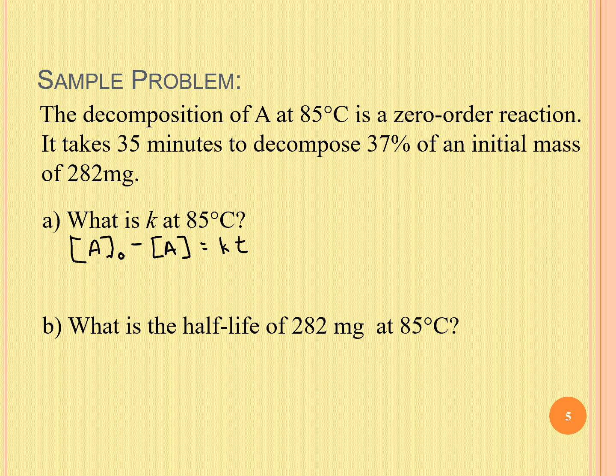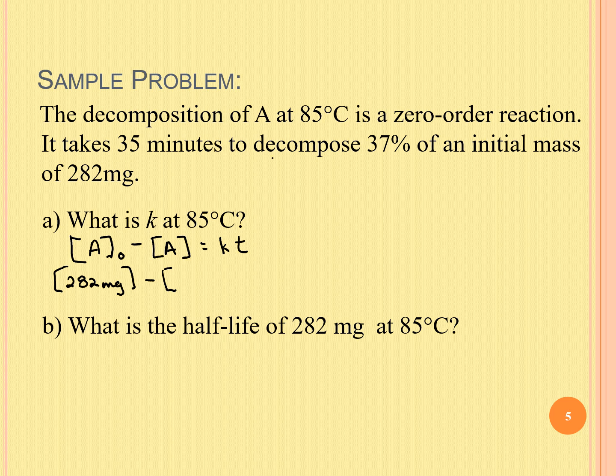Here is where we're going to have to do this. So our initial mass, again, we want these in moles per liter and so on, but as long as everything is in the same units, we can pretty much use any units we want. So we can use mass here. I don't have to do anything to that. So let's just start with our 282 milligrams. That's our A naught. Then A is how much we have at time t.